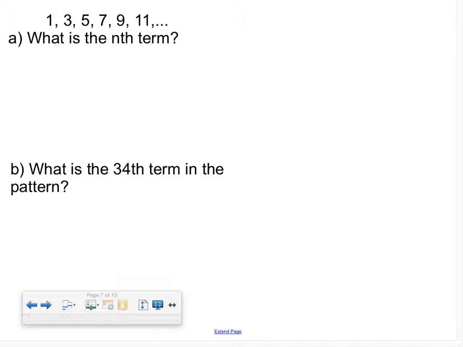All right. So in this one, again, we're adding 2 each time. So when it's asking for the nth term, it's basically asking for what's the rule. All right. So if we're adding 2 each time, we know the base is going to be 2n. But we still got to think about what is that 0th term.